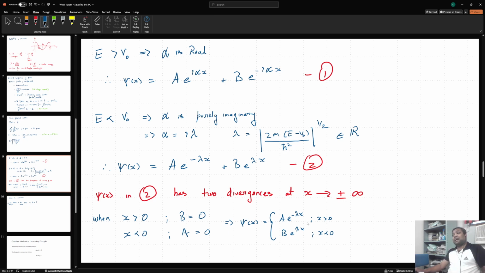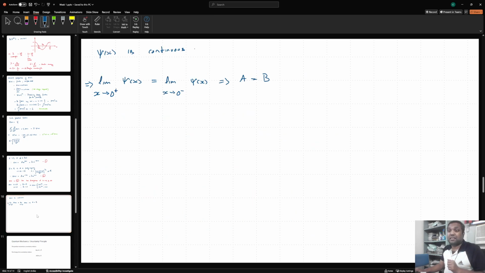Then I can additionally look at how x is changing signs as x becomes negative and x becomes positive, and say that the general solution psi of x takes this form, which implies psi of x is equal to a e to the power minus lambda mod x.